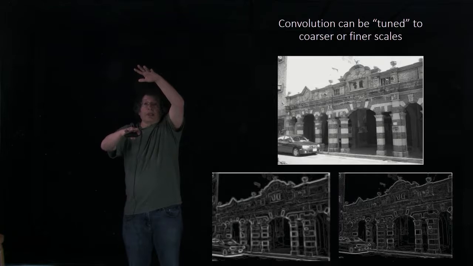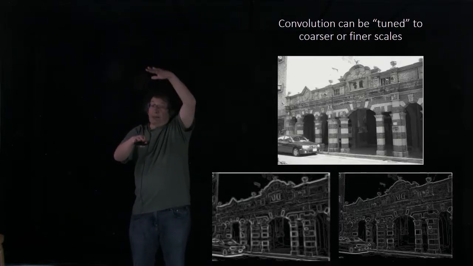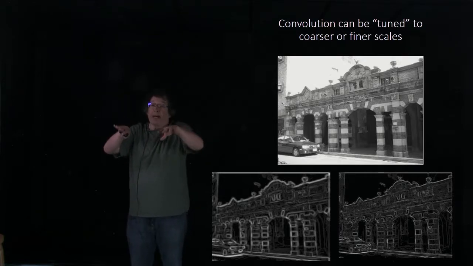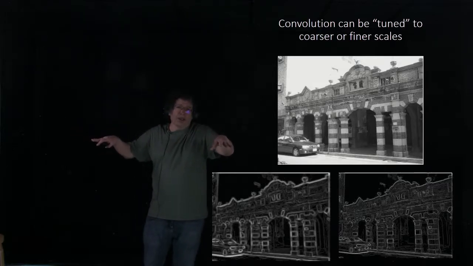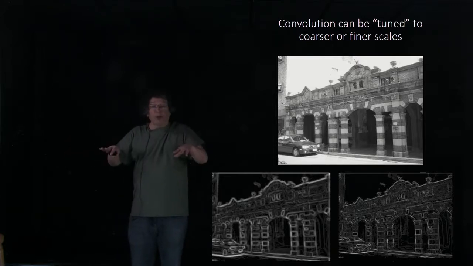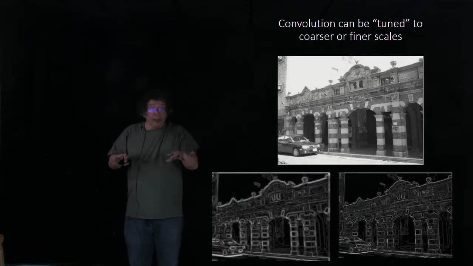So what you're really doing is multiplying the center values by a large positive number, the surrounding values by mild negative numbers, and then the outer values by values that are so small, so close to zero, that they're really not going to matter. A sombrero function that obeys that basic structure, there's not just one sombrero function.